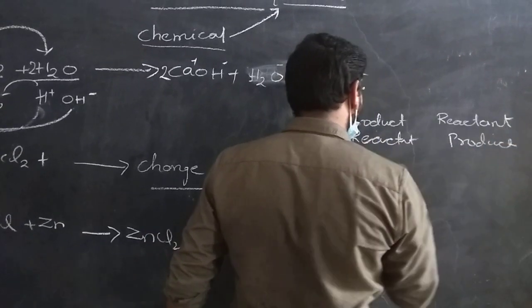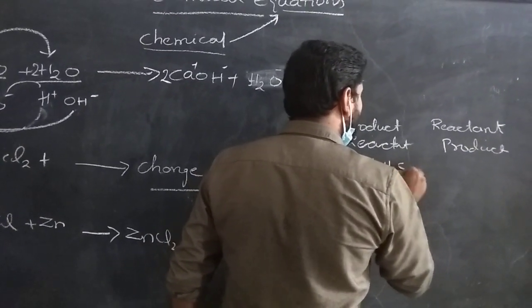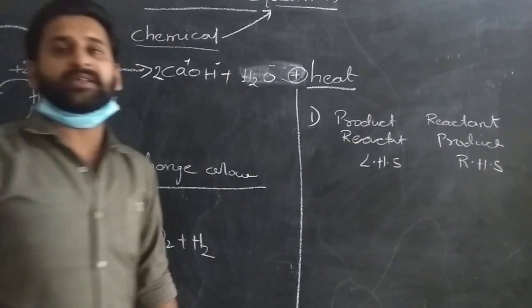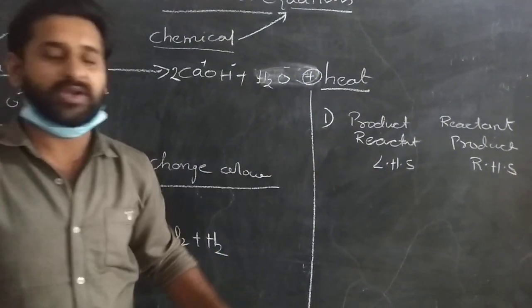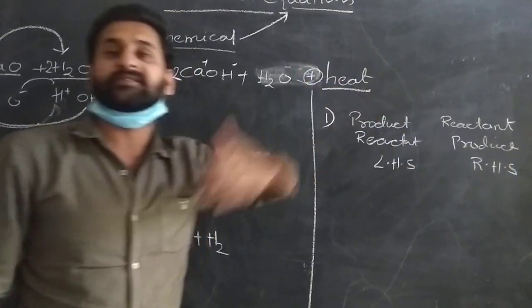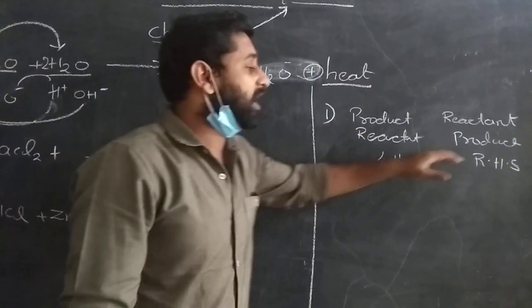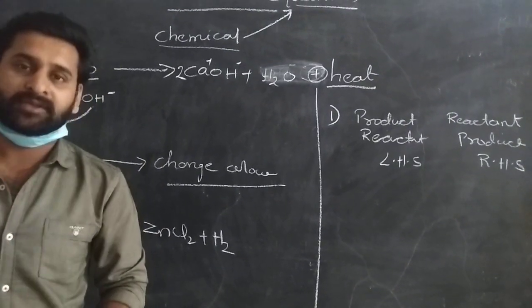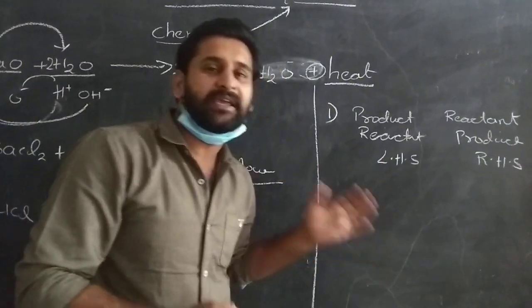You can also consider them as LHS and RHS. So both are to be taken separately, LHS values and RHS values, in the reactant side and the product side. So LHS, RHS, dividing each element separately. You need to separate each element.